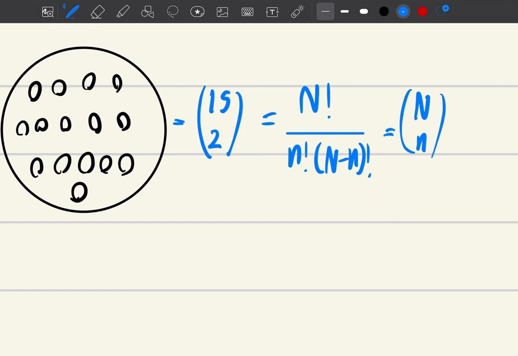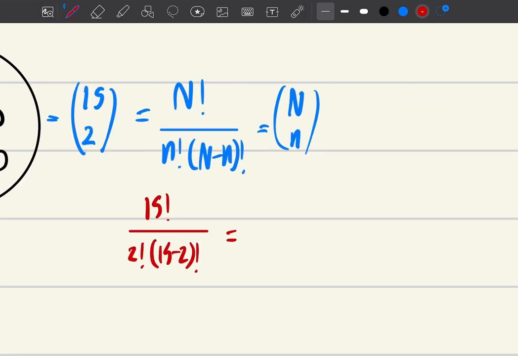For example, 15 is big N because it's the population, and we're going to pick only 2. So 15 factorial divided by 2 factorial, with small n, multiplied by 15 minus 2 factorial. The factorial means we multiply from that number down to 1.